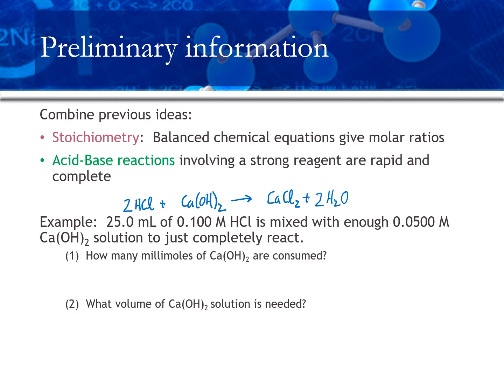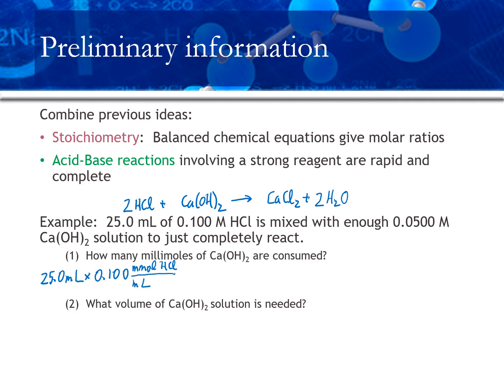So if I want to find the number of millimoles of calcium hydroxide consumed, I can set that up from the information in the problem. I start with 25 milliliters of the 0.1 molar hydrochloric acid. I multiply it by the concentration of the acid, 0.1 molar, and I'm just going to rewrite that. Remember, we saw in molarity, I could think of that as millimoles of HCl divided by milliliters.